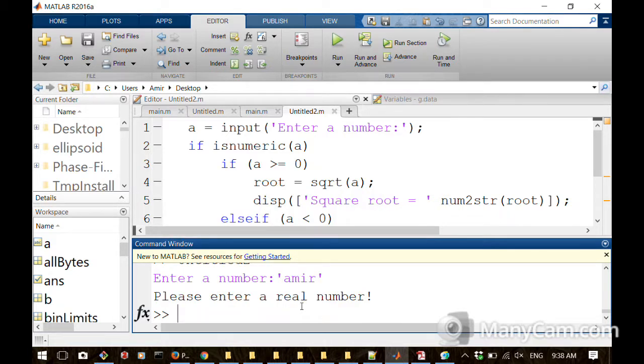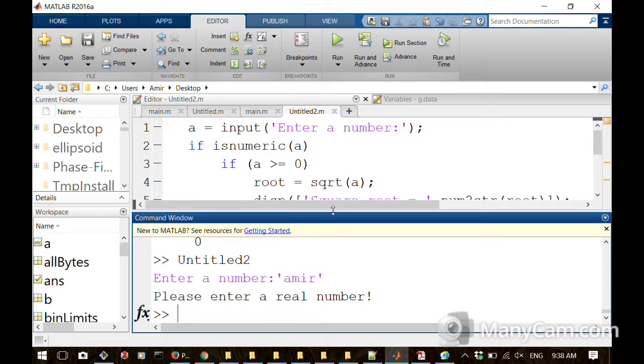Now, in your exercise, in your homework, I've asked you to write a similar if block in your code for the Fibonacci numbers. So what you need to do is to make your code robust, basically foolproof.